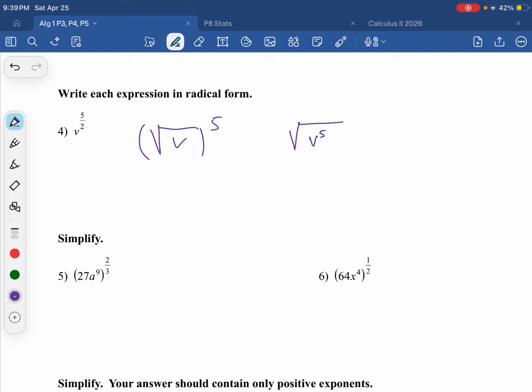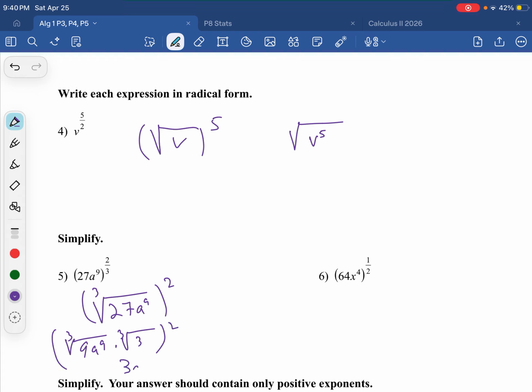So this looks like the cube root of 27a to the 9th, and then I would square this. I think it's going to make our lives a lot easier. So the cube root of, this is going to be 9a to the 9th times the cube root of 3 squared.